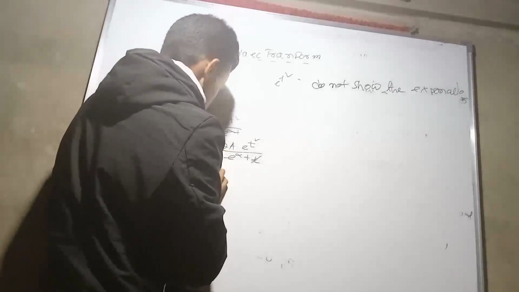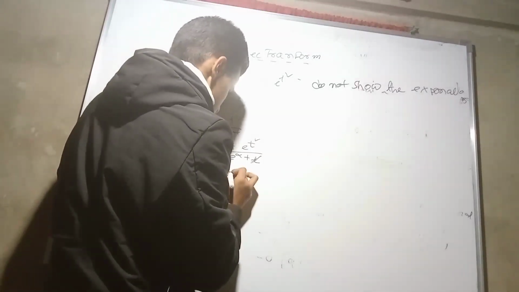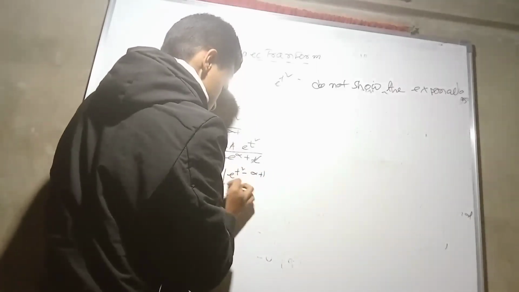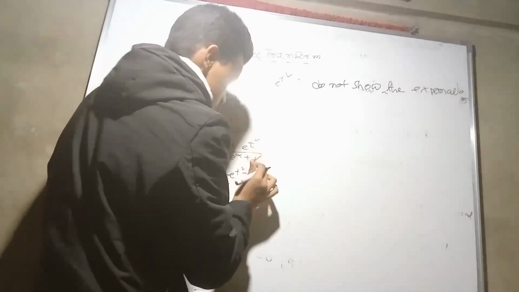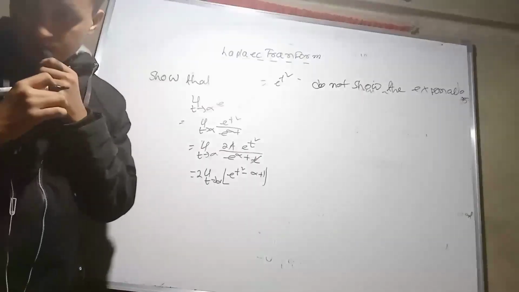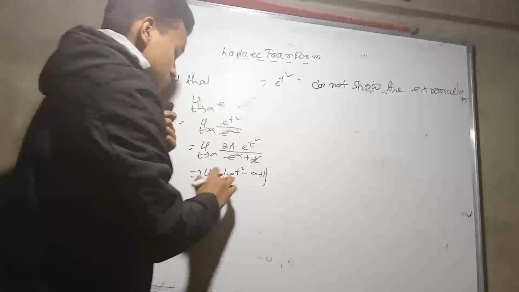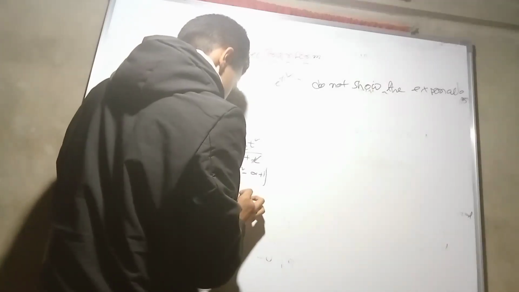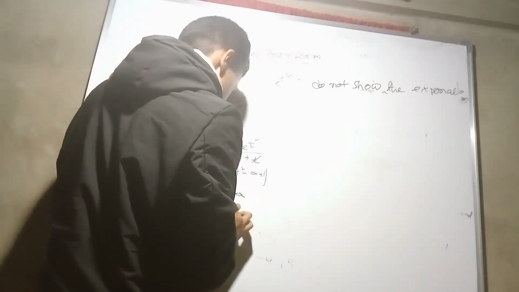Now we have the limit as t tends to infinity of e^(t square) minus sigma t. When we put t tends to infinity, what will be the value? When we put the value t as infinity, e^(infinity square) minus sigma into infinity gives us infinity.